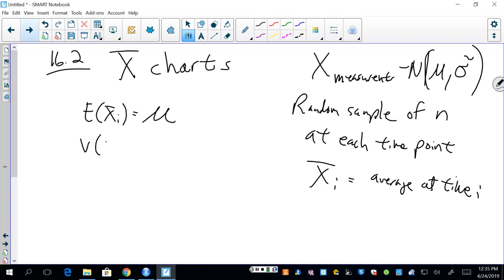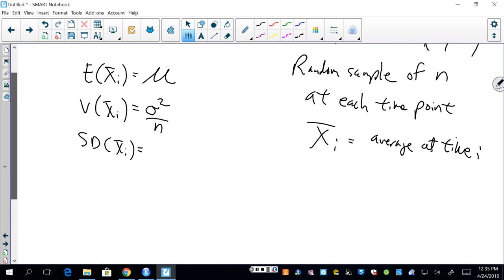And the variance of this thing is sigma squared over our sample size at that time. Okay? So the standard deviation of a particular average with that sample size is just sigma over the square root of n. The book gives that as sigma x bar, so the standard deviation of x bar, right?